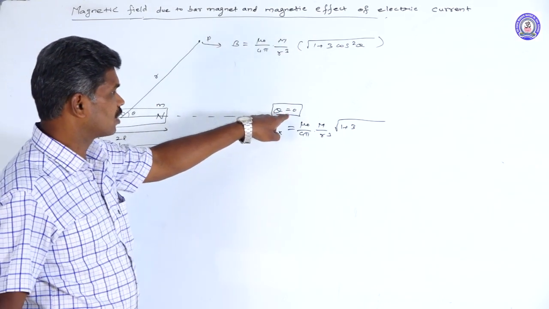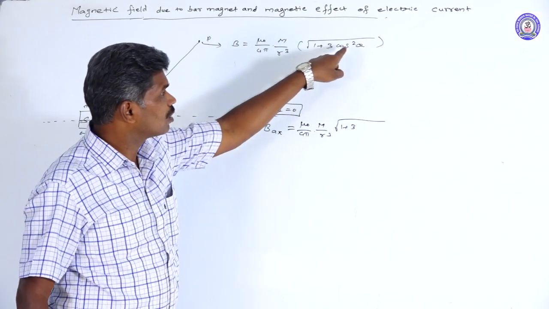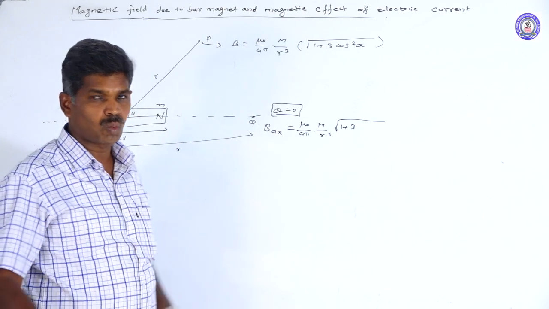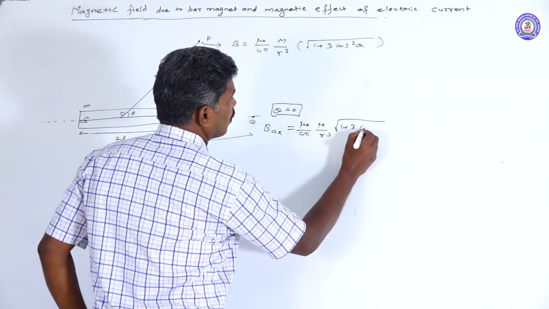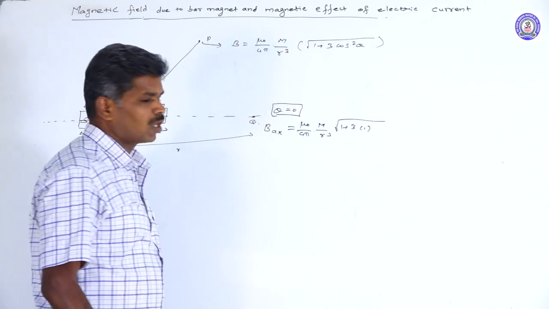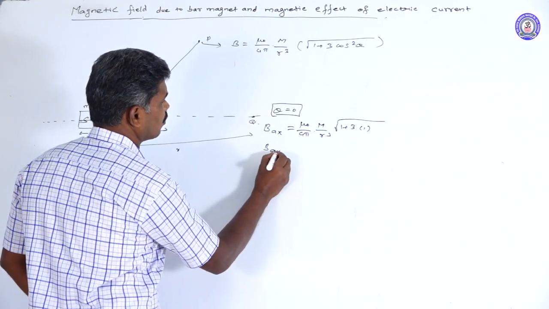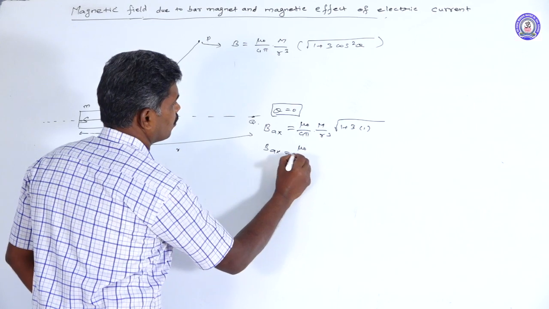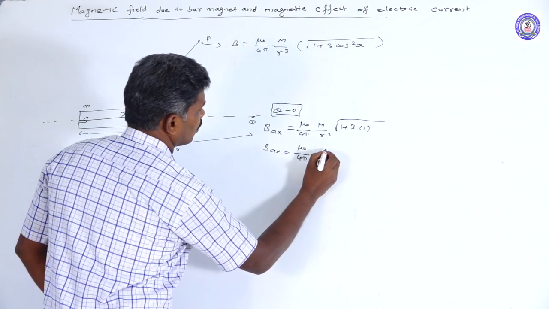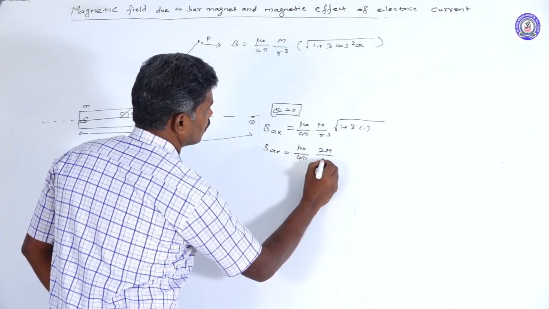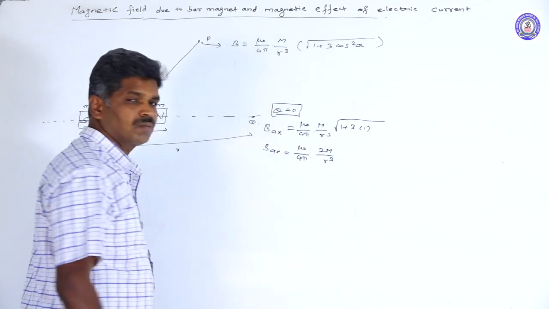Here the angle value is 0. If you substitute, cos 0 becomes 1, so we get square root of 1 plus 3 only. From that we get the axial component, mu naught by 4 pi into 2M by R cube.